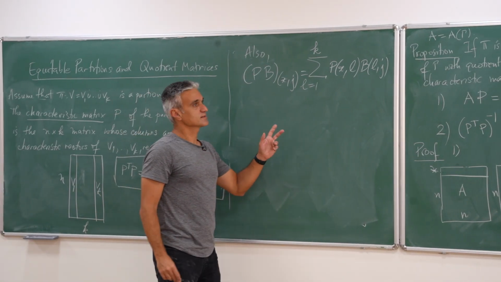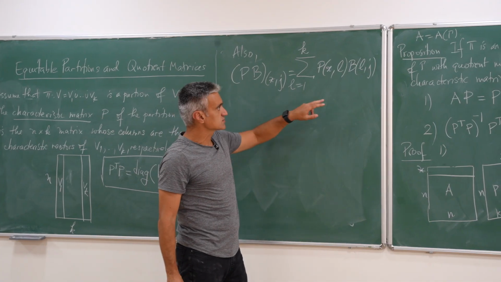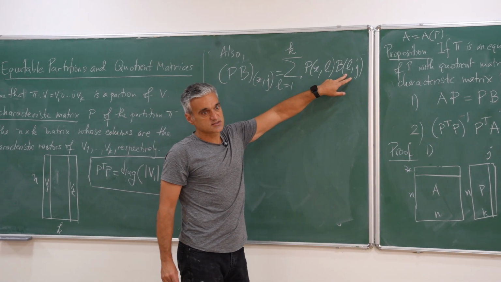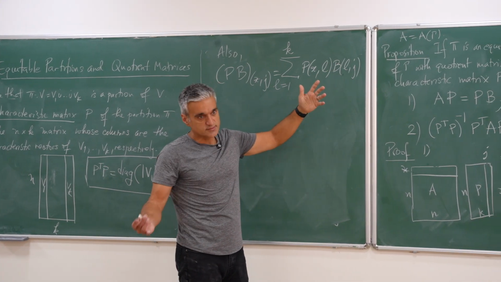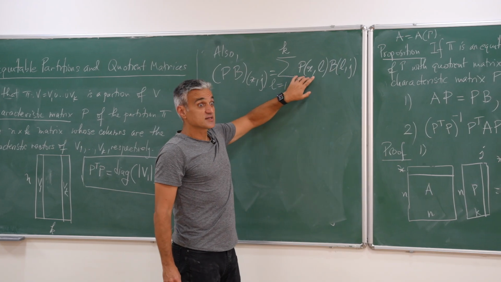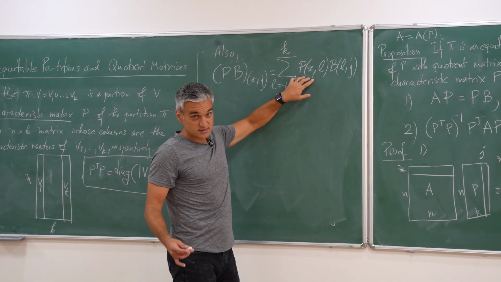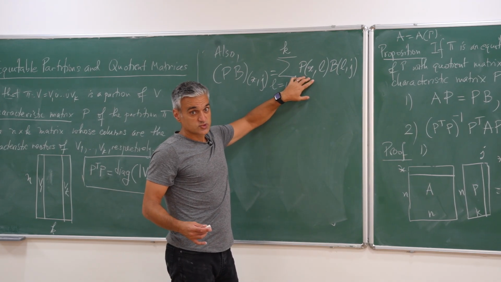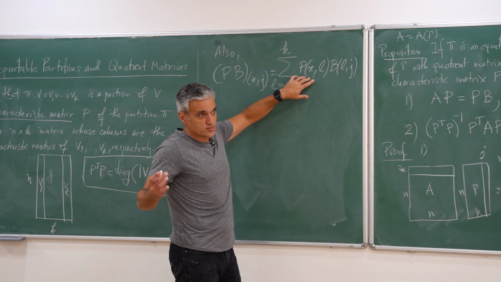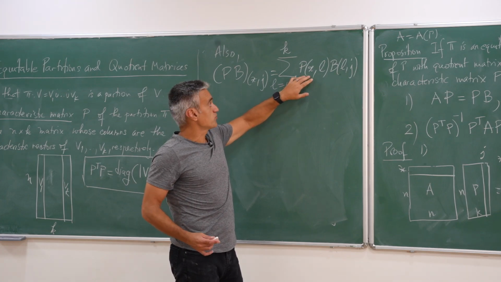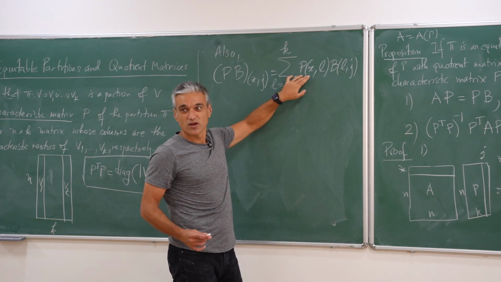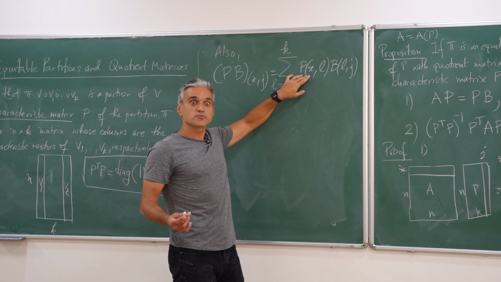It's not quite the same as before, because BLJ is either 0 or non-zero. PXL is either 0 or 1. So you ignore the zeros, you just have to pick up when this is going to be 1.